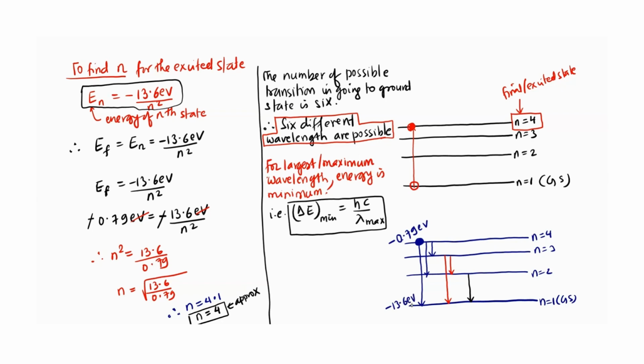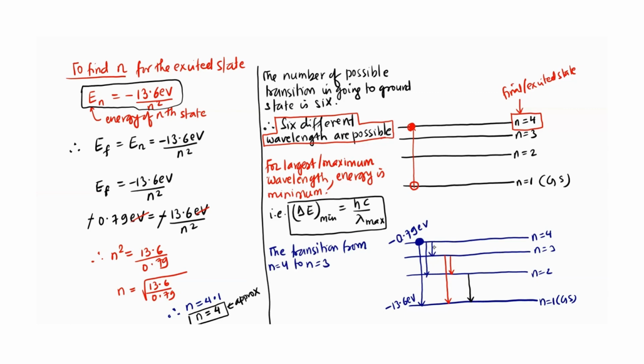Now we are asked to find the wavelength, that is maximum wavelength, and the transition from n equals 4 to n equals 3 gives photon of maximum or largest wavelength. So I'm writing over here the transition from n equals 4 to n equals 3.